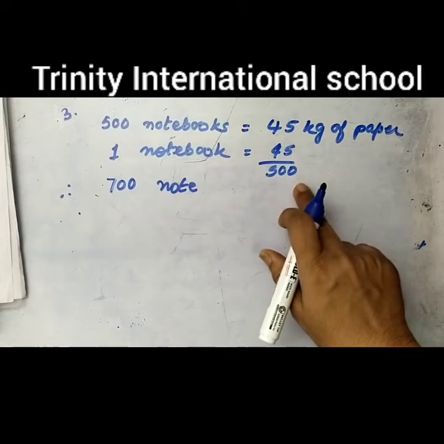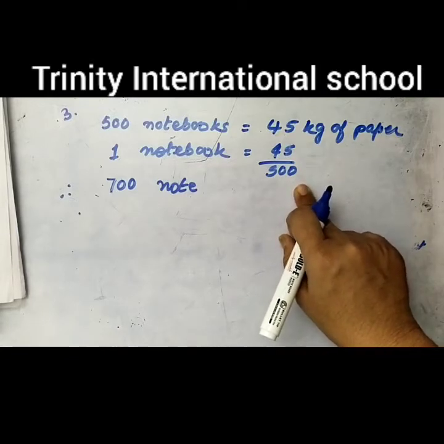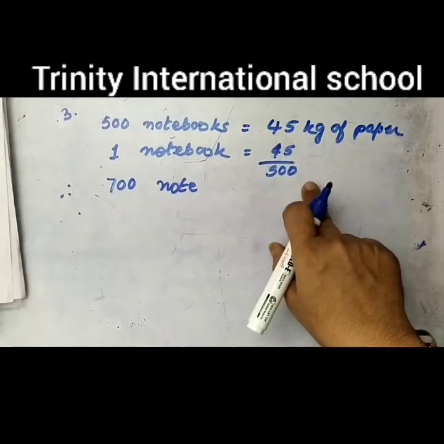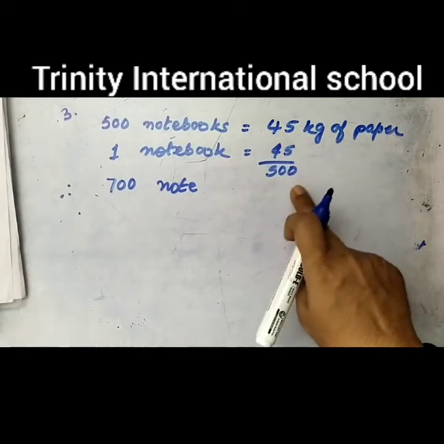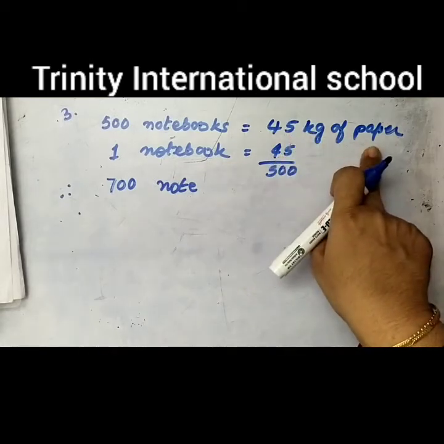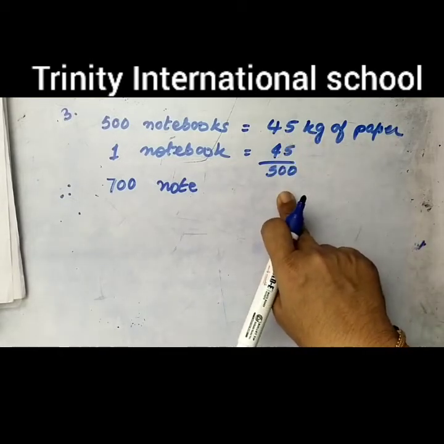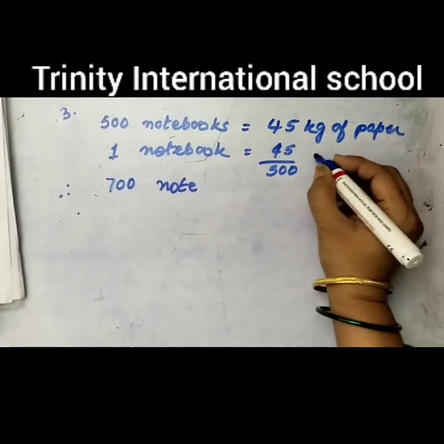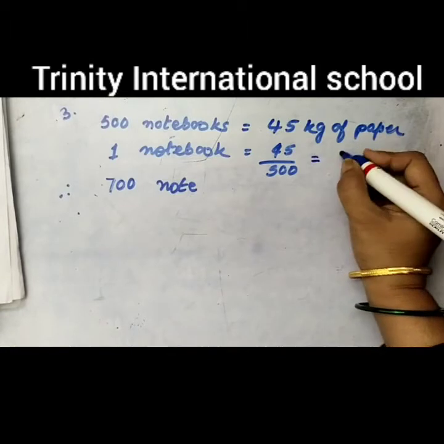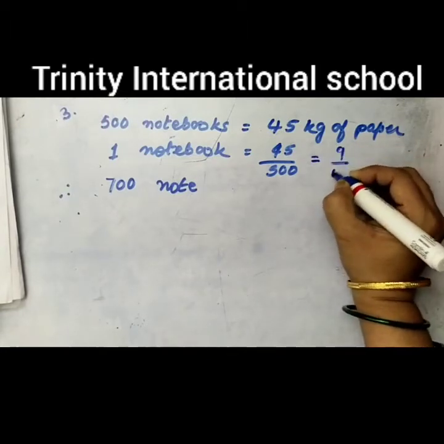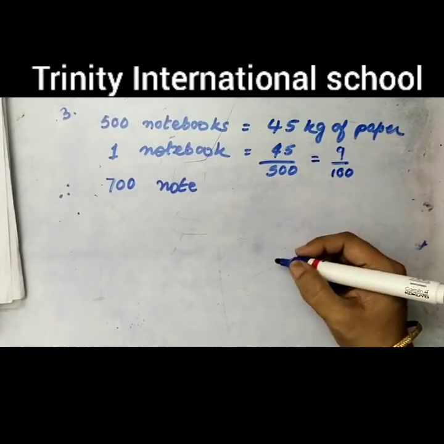It is 45 divided by 500. Okay, so please correct it. So it is 45 divided by 500. As we are writing 45 kg here, that is why for one notebook it is 45 upon 500. So this can be written as 9 upon 100, since 5 9s are 45, you know that, and this is your lowest term.